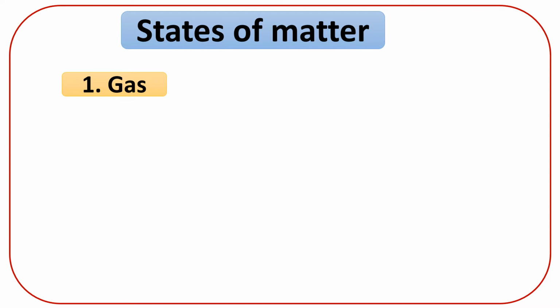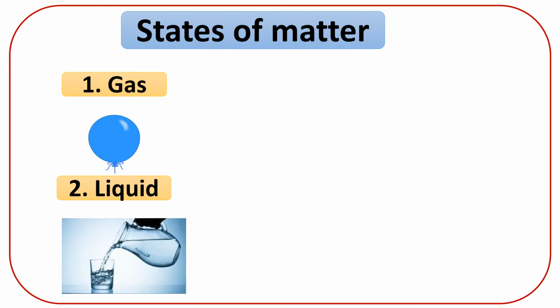And when we talk of gas, you can see this, what is this? Balloon. So there is a gas inside the balloon, or air. Another state of matter we have is liquid. For example, we have water.